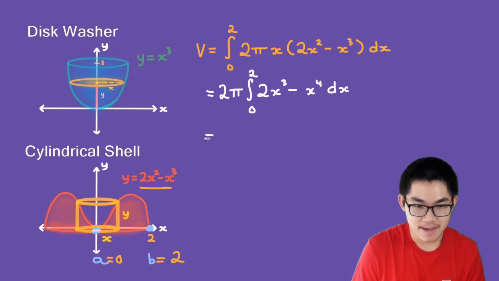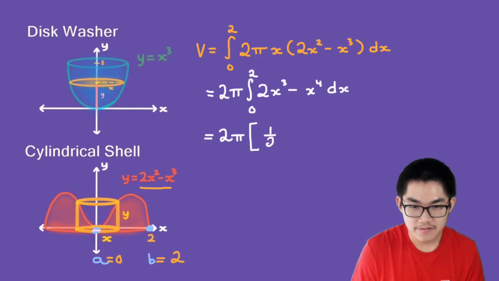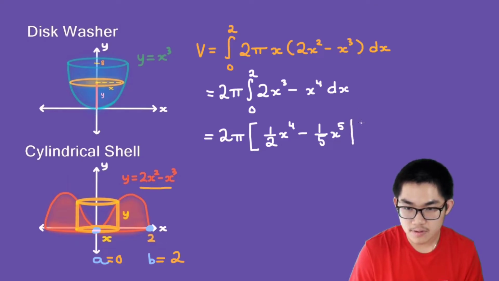And this is the same as 2 times pi times the antiderivative of 2 times x to the power of 3 minus x to the power of 4. If you find the antiderivative, you're going to get 1 over 2 times x to the power of 4 minus 1 over 5 times x to the power of 5. And the limits go from 0 to 2.